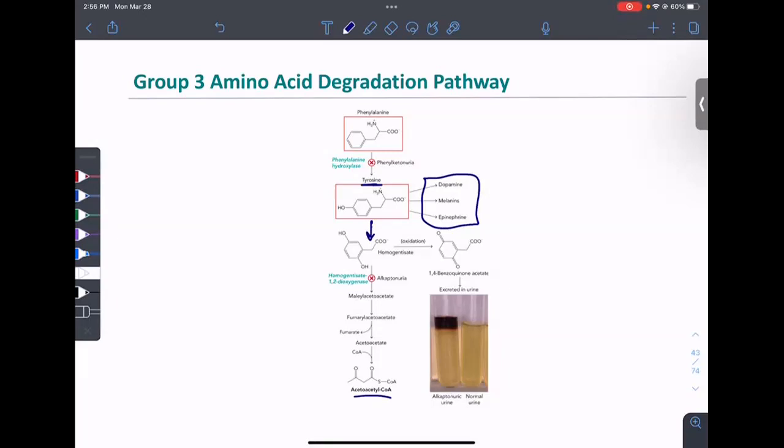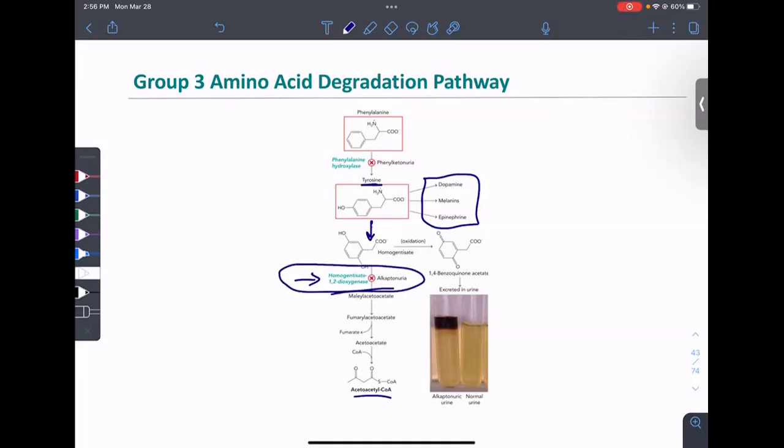Animals can't make phenylalanine, so we have to ingest it, right? And the first time that a metabolic pathway was discovered that was linked to a human disease that resulted from a single gene mutation was this disease right here. I know I'm going to pronounce it wrong, but alkaptonuria. This is the enzyme that's involved in degradation of phenylalanine or tyrosine, it does not matter.